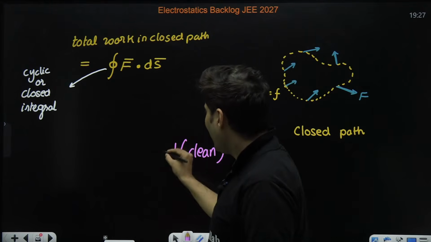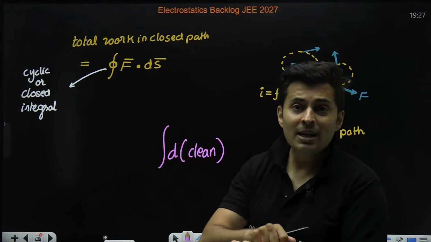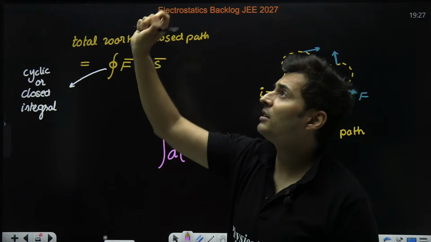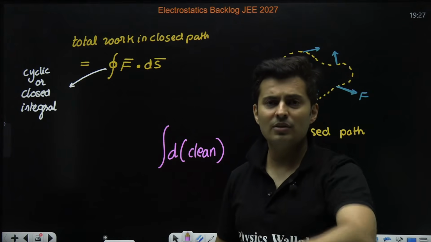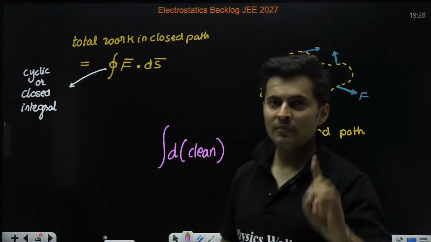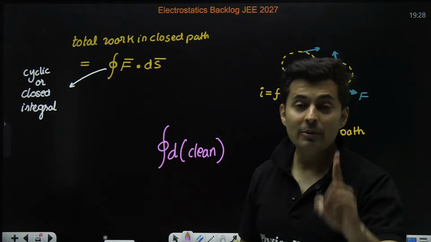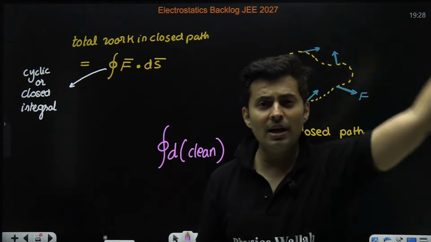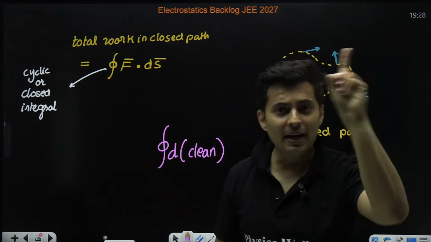Now if I say integral dclean, it means I am cleaning small patches. There is one mark here, something spilled here, that part is not supposed to be like that, I have to clean that. So I am cleaning multiple things. But when I put cyclic integral dclean, that means you clean literally everything, don't even leave one single patch, and you come back.